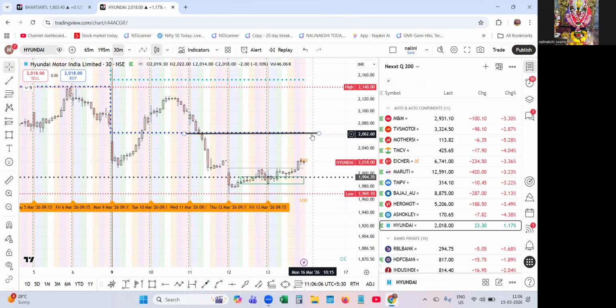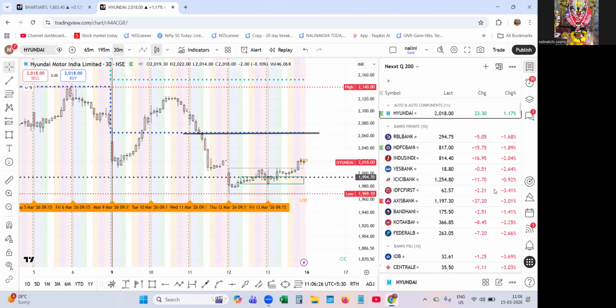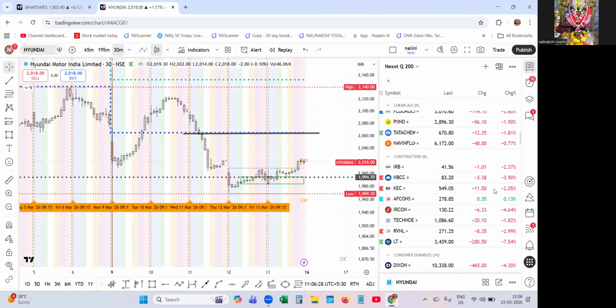This reversal trade is 2018 to 2060, that is, you can see a 2.3 percent move you can anticipate in that stock. Yes, friends, like this, you can select a few stocks. If I go to the other screeners, you can find the stocks.